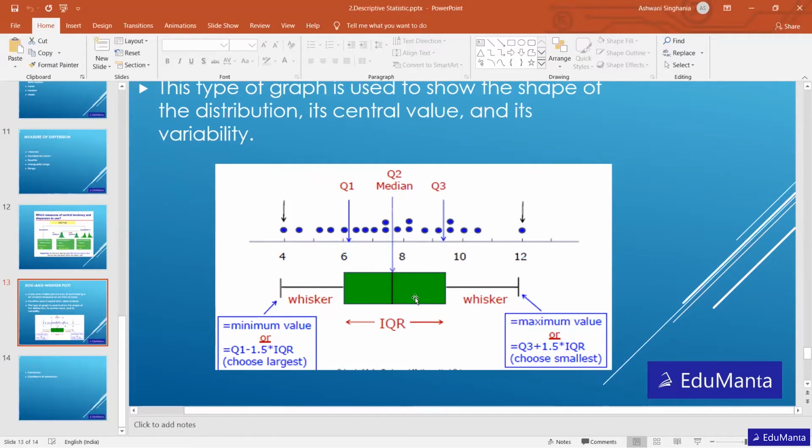The ends of this box represent Q1 and Q3. And we know the formula for interquartile range: it is Q3 minus Q1. This will give us the interquartile range.